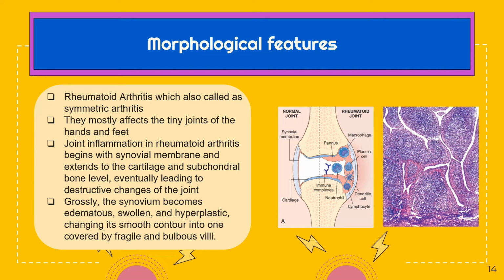Thus, if at the beginning the synovitis type is exudative, it will quickly progress to a proliferative infiltrative appearance. As we can see in the diagram that I attached, the synovium becomes edematous, swollen, hyperplastic, and changes its smooth contour into one covered by fragile and bulbous villi.